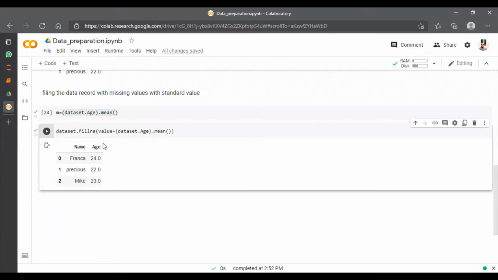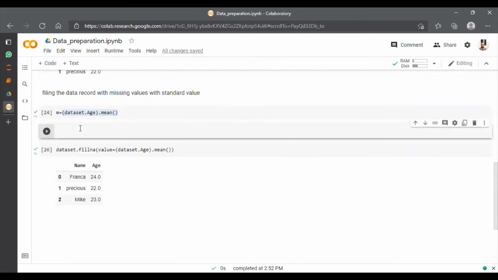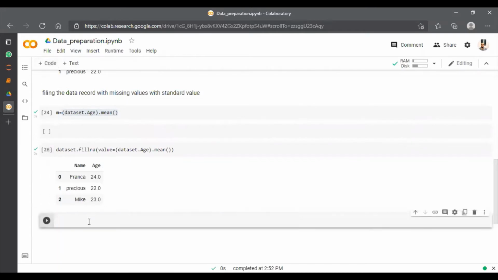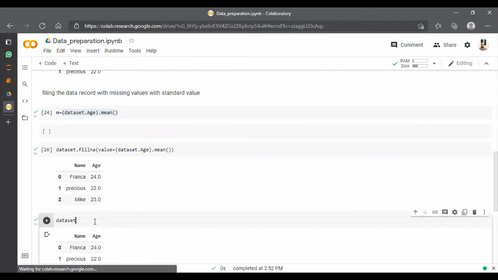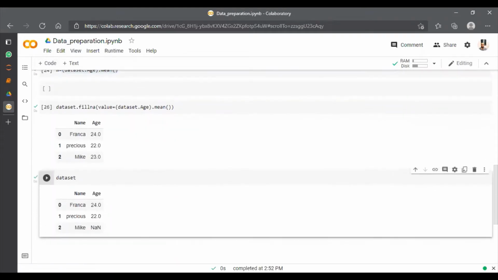There is also a particular method of replacing with the previous value. I've been trying to see which function is going to give us that. Our data set has a missing value for Mike. Mike's age is missing.